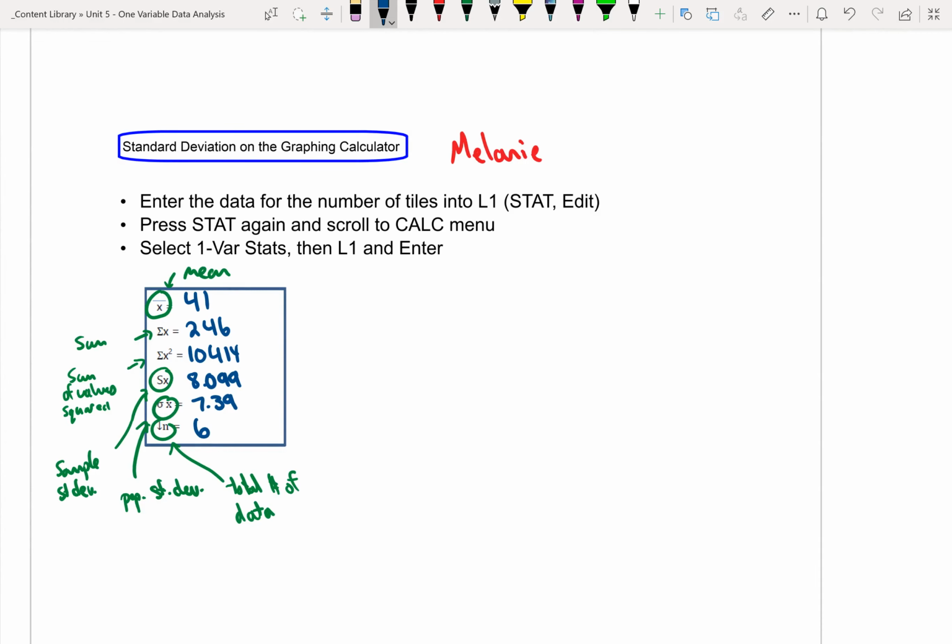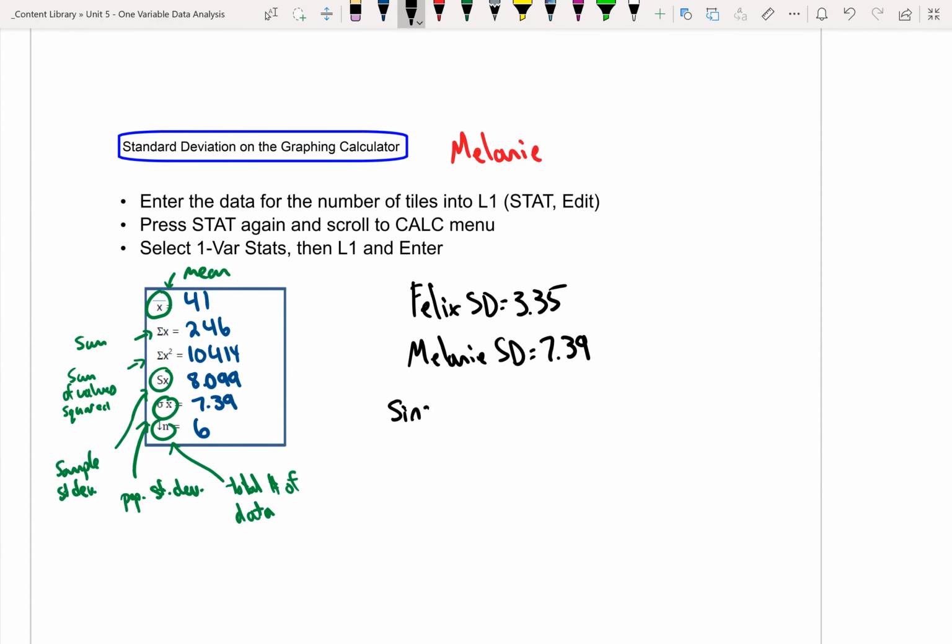So looking at the two standard deviations, we have Felix, who had a standard deviation equal to 3.35, and we have Melanie, whose standard deviation we found, and again we're using the population one because we're not taking a sample of anything. This is our population right here, these two individuals. So Melanie's was 7.39.